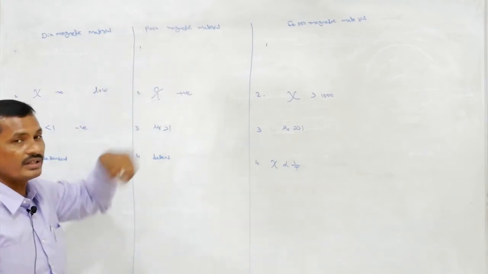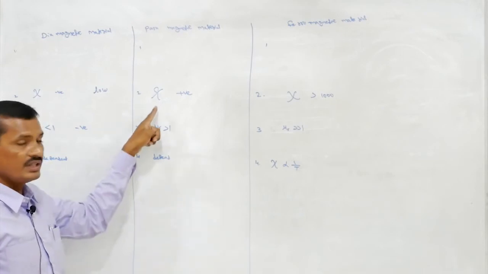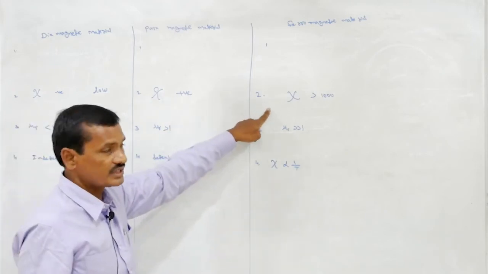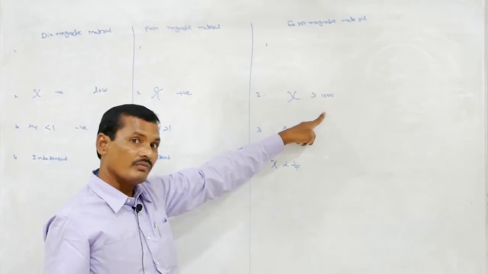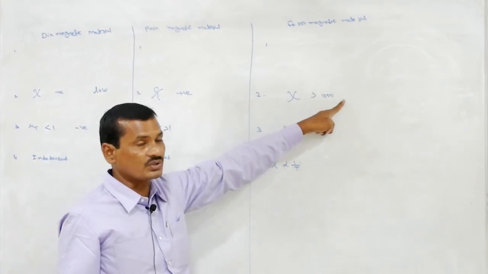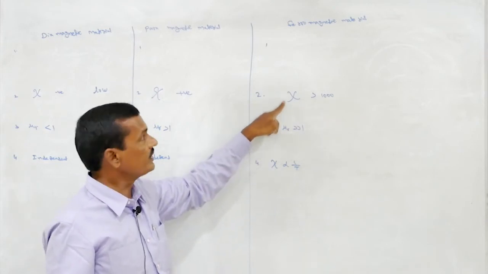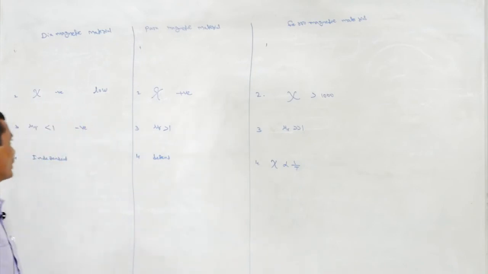For paramagnetic materials, the magnetic susceptibility chi is a small and positive value. The magnetic susceptibility for ferromagnetic materials is very high and positive, greater than 1000.